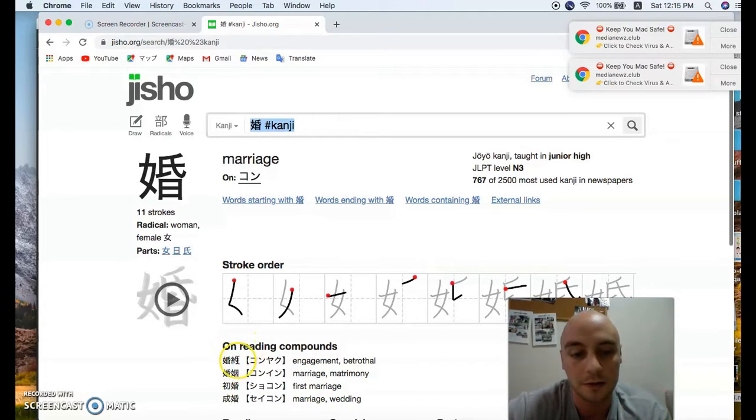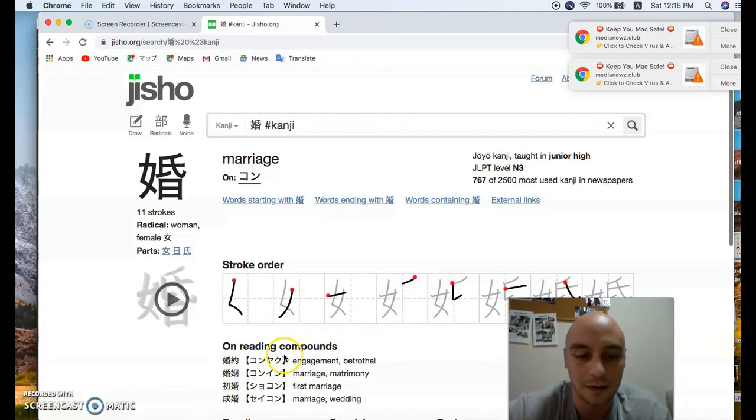And then the word yaku means like a contract or a promise. I think it means promise. And you connect those two characters, and then you have the word for engagement.